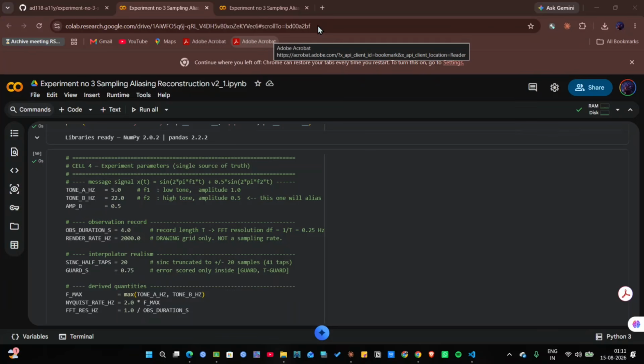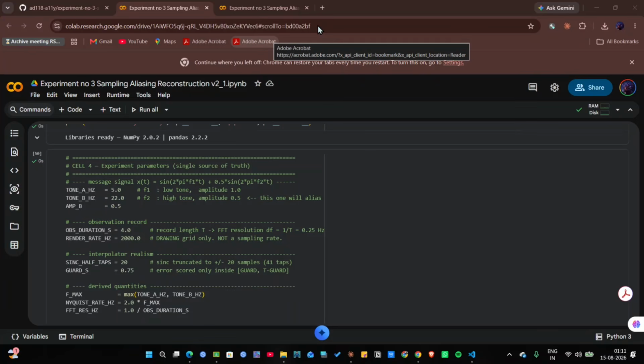The figure 3 spectrum confirms the 22 Hz tone is completely absent. This demonstrates why the Nyquist rate is a theoretical boundary, not a practical design point.